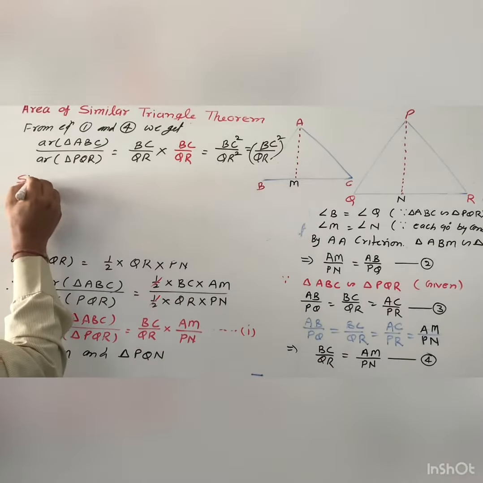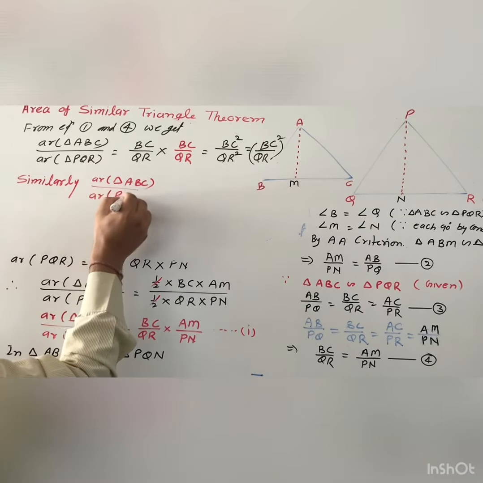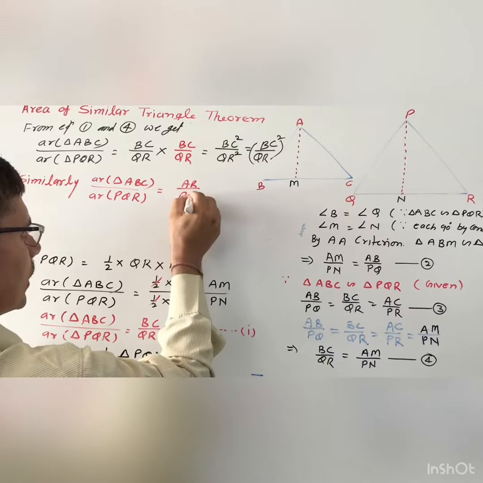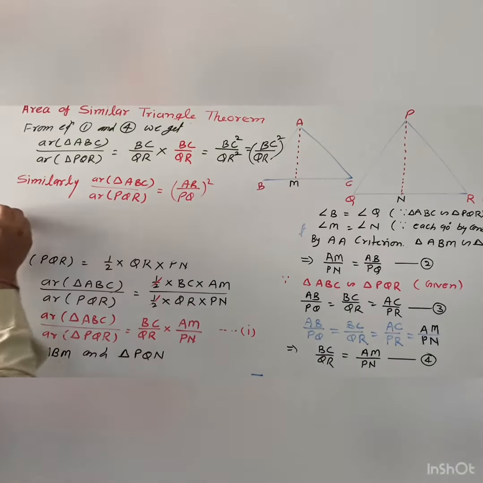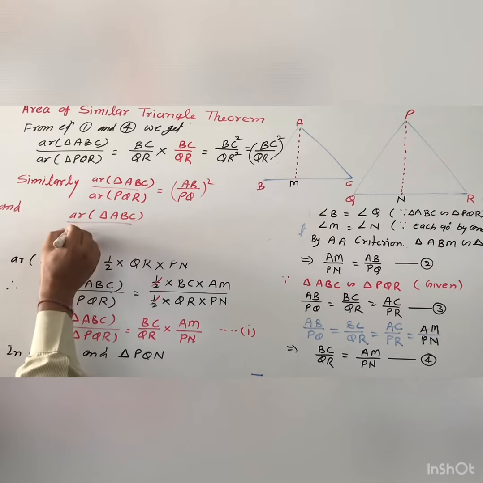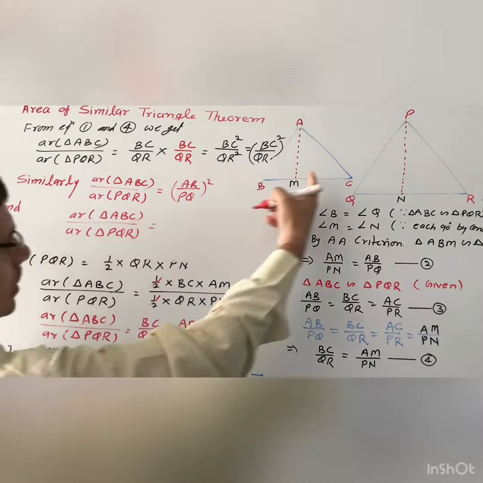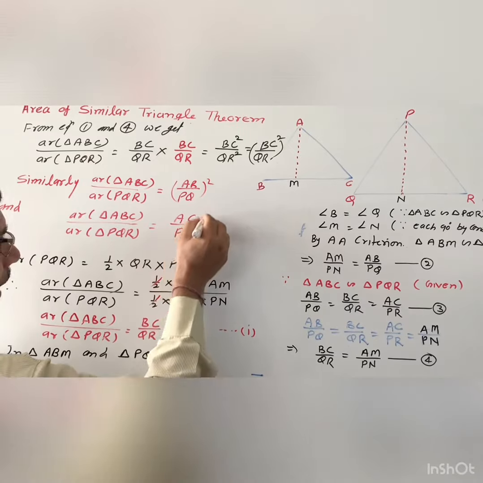Area of triangle ABC upon area of triangle PQR is just, next thing, AB upon PQ, whole square, and also you can write it as area of triangle ABC upon area of triangle PQR is just, next side, AC upon PR, and it is a whole square.